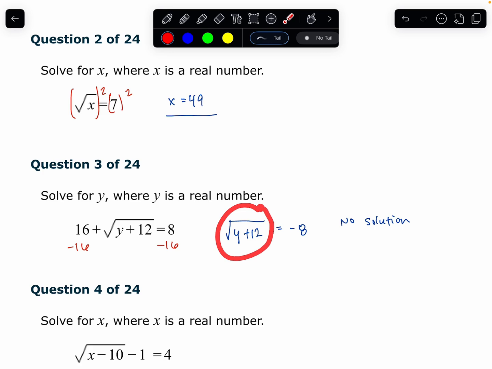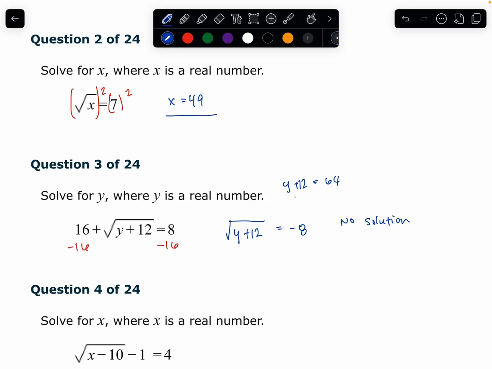So I guess what we're saying here is, if you were to solve this and square both sides, you get y plus 12, and negative 8 squared is going to be 64.